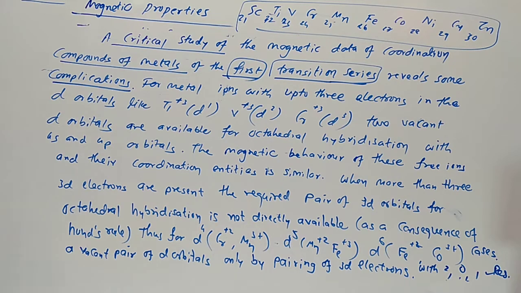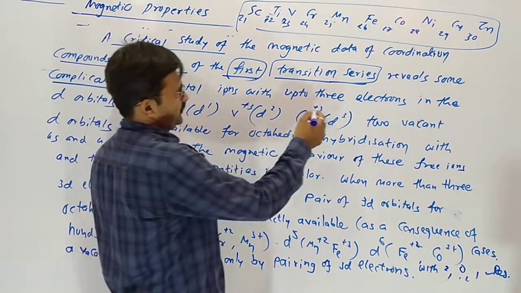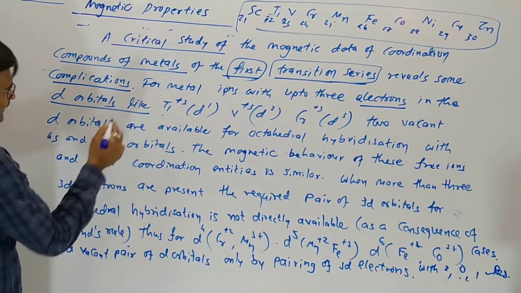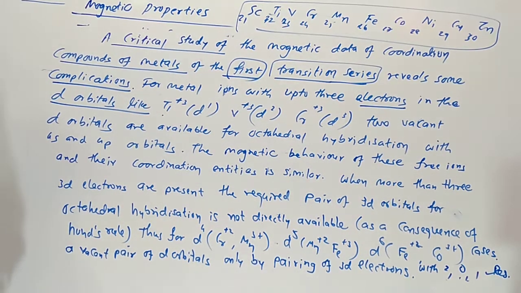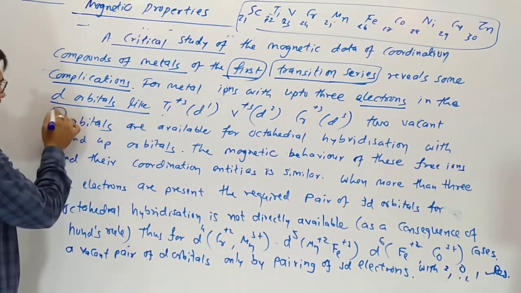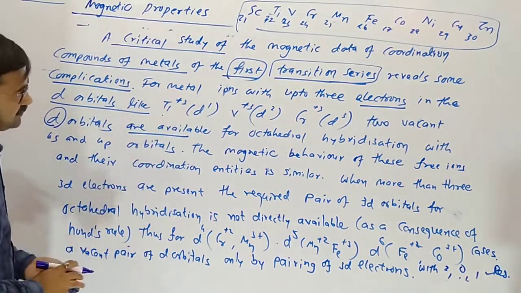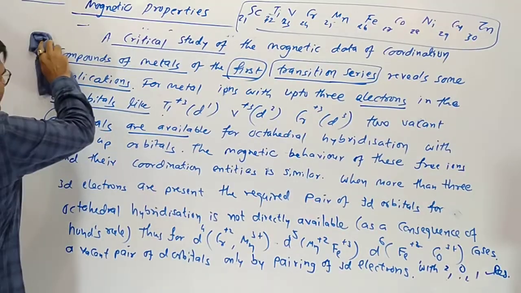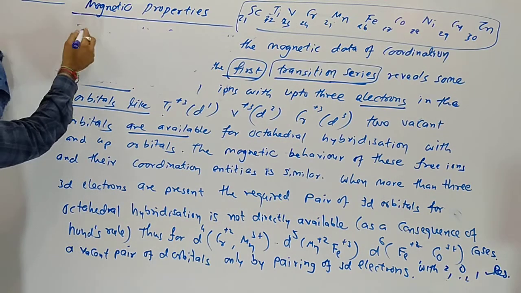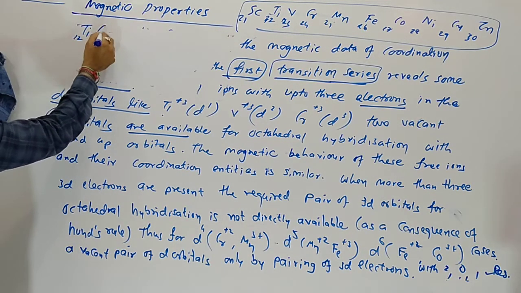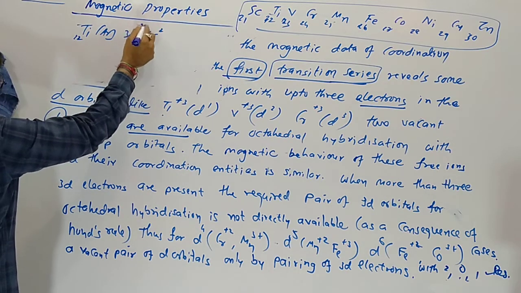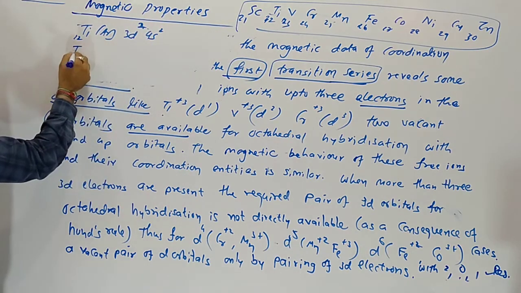Some complication for metal ions with up to 3 electrons in the d orbital, like titanium, vanadium and chromium. 2 vacant d orbitals are available. How can you see? In titanium, atomic number is 22, so 4s2 3d2 configuration.